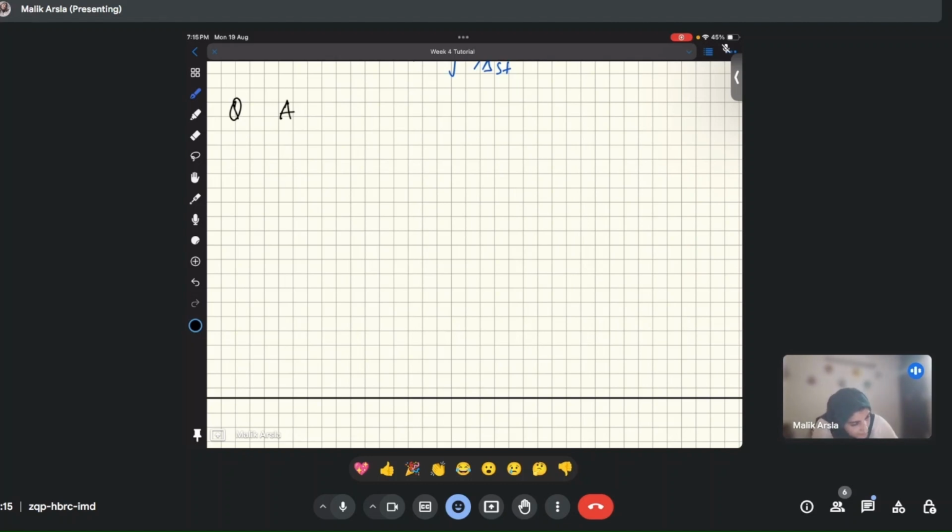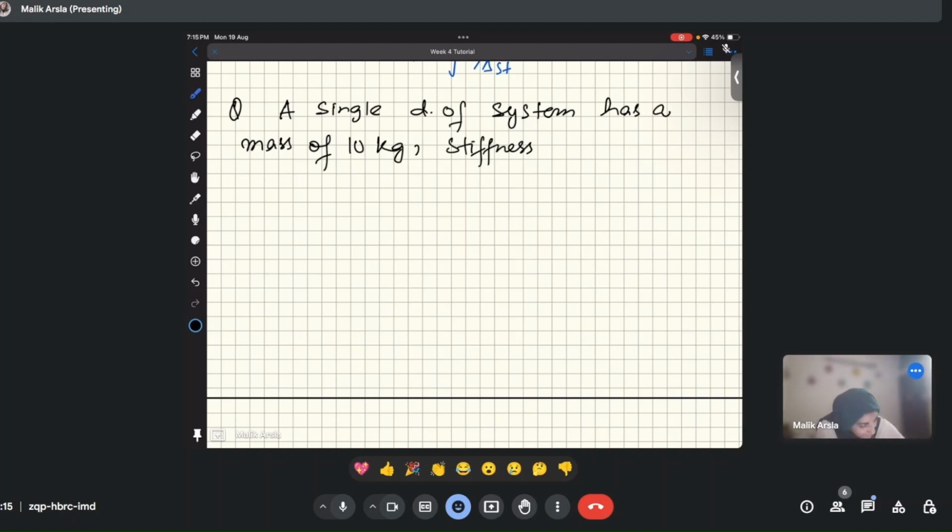So a single degree of freedom system has a mass of 10 kg, stiffness 100 Newton per meter, and viscous damping ratio 0.03. Okay, so basically zeta is equal to 0.03.